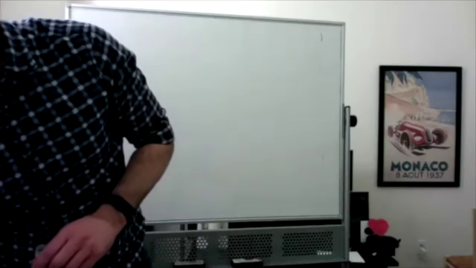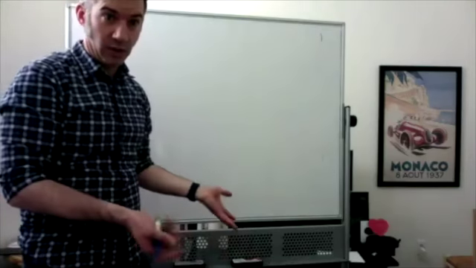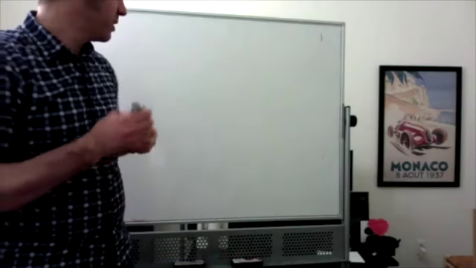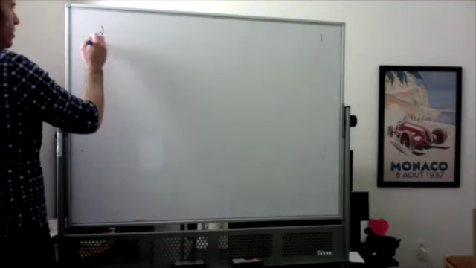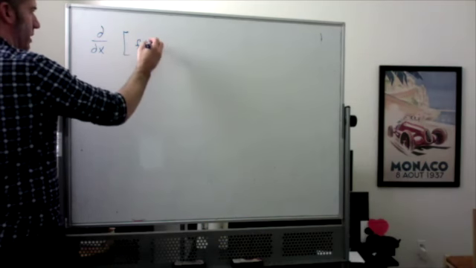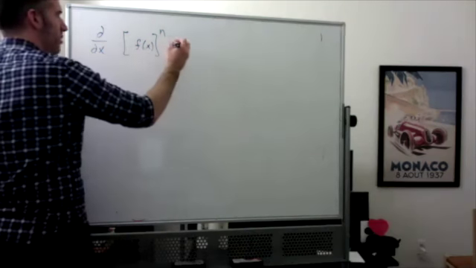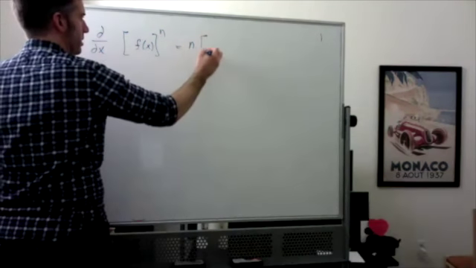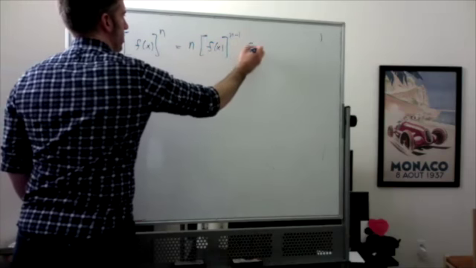so let's go ahead and advance to talking about the generalized chain rule. We have the power rule version of the chain rule, also known by some as the box method. If you've got the derivative of f of x to the nth power, it's n times f of x to the n minus 1 times f prime of x.